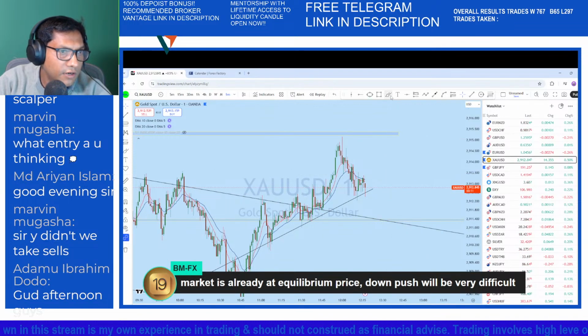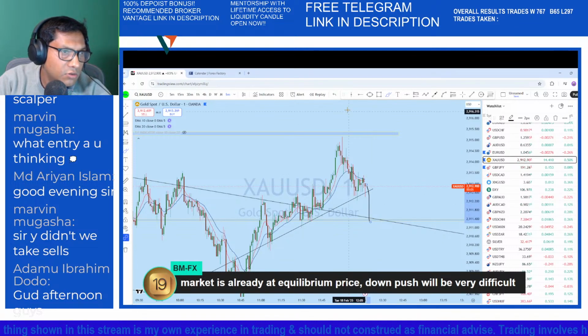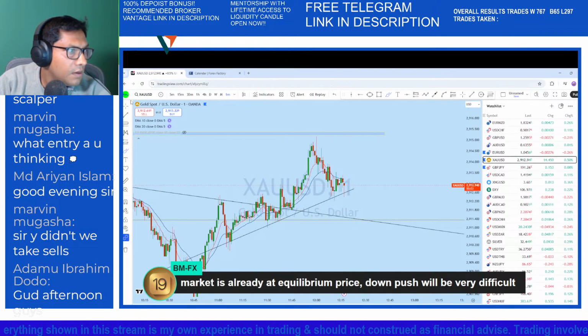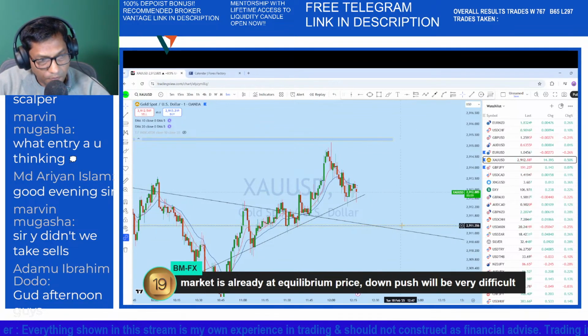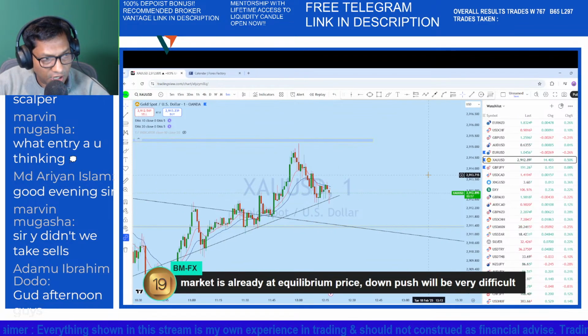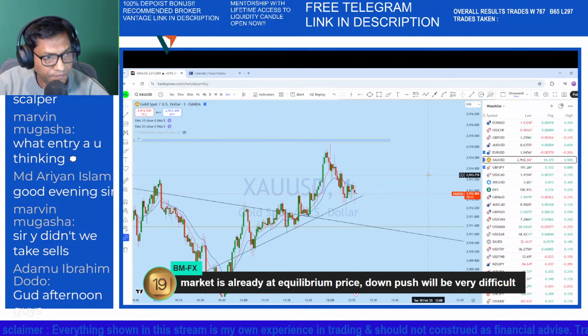There is a long wick candle here, gap open, and with that gap open, expecting the market to come back here to the support level. Would like to see that deeper drop before we look for any entry opportunity.